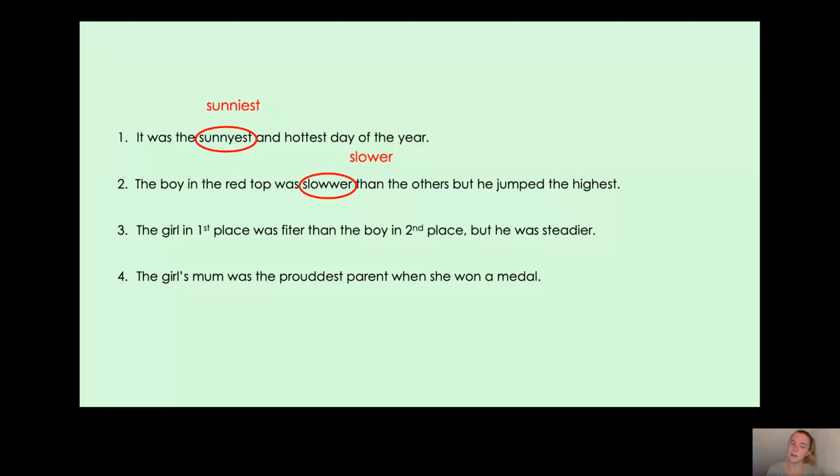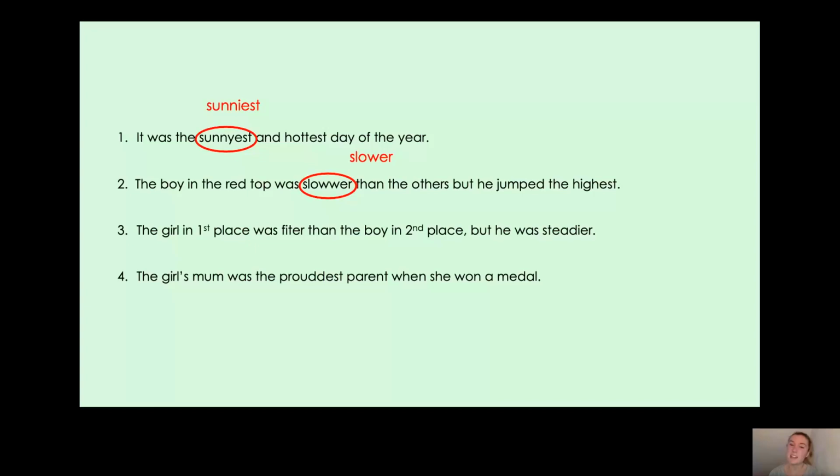Now, number 3, the girl in first place was fitter than the boy in second place, but he was steadier. Oh, there you go. So I remembered to change the Y to an I this time because steady ends in a Y, doesn't it? So I had to change it to an I before I added the suffix er. But I'm not sure about fitter. It doesn't look right. Do you know what I did wrong? Yes, that's right. I understand now.